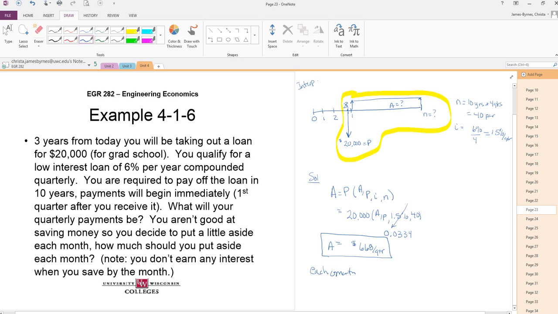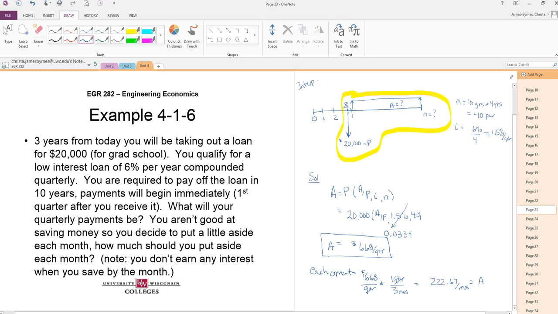Each month would be $668 per quarter times 1 quarter over 3 months. Quarters cancel, and I would get $222.67 per month.